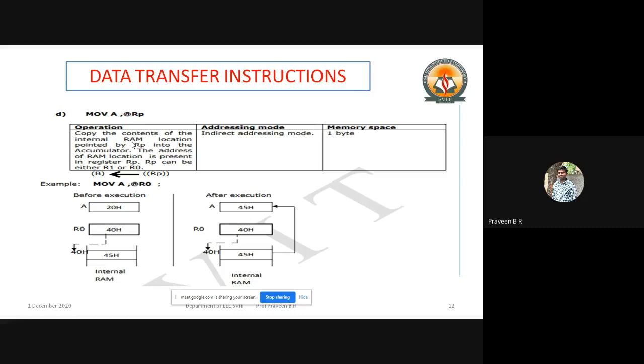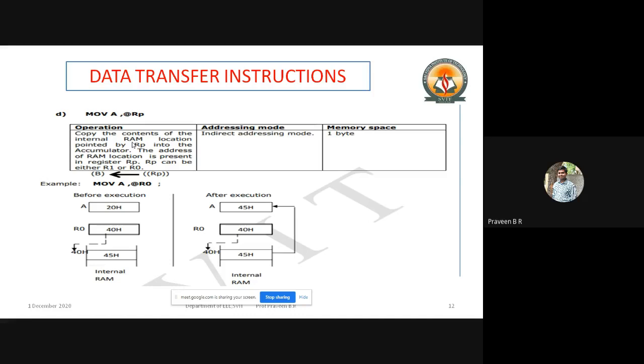Let me say I say MOV A, @R0. R0 is the register which you are using, which has data inside it. The data inside the register R0 is a memory location in the internal RAM. So it specifies the address of the memory location inside the internal RAM.